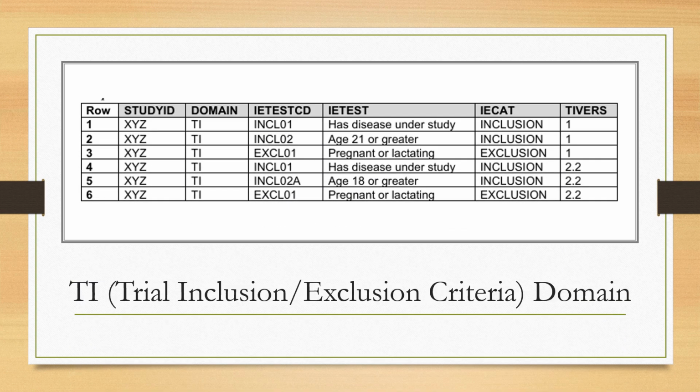So now let's see what these assumptions mean with the help of an example. This example shows records for a trial that has two versions of inclusion exclusion criteria. You can see that rows 1 to 3 show the inclusion criteria and exclusion criteria of version 1 of the protocol. There are two inclusion criteria and one exclusion criteria.